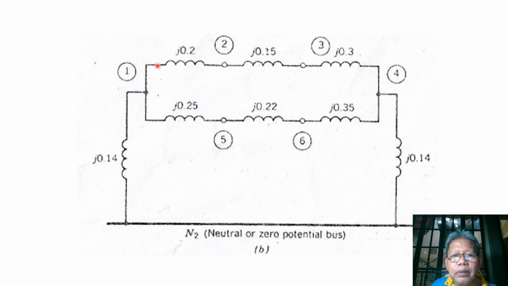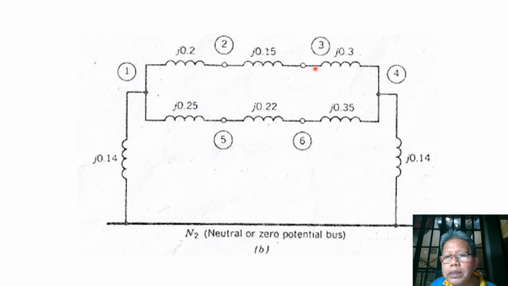Now for our transformer 1, again, negative sequence current can just flow between bus 1 to bus 2. So we have the negative sequence reactance of transformer 1, and then between bus 2 to bus 3, we still have the transmission line, which can also allow the flow of negative sequence current.